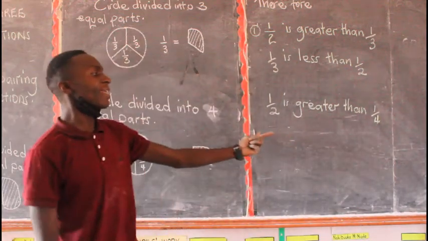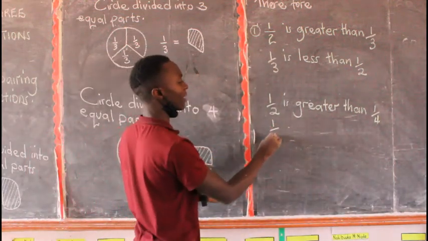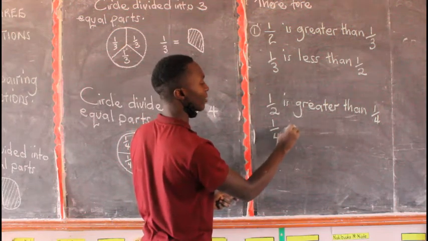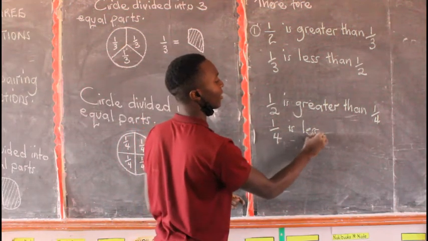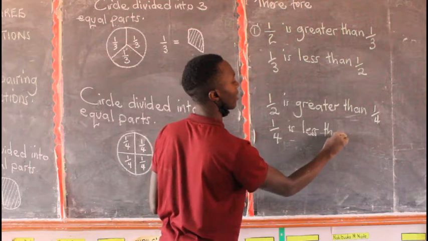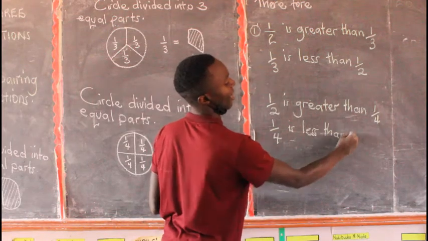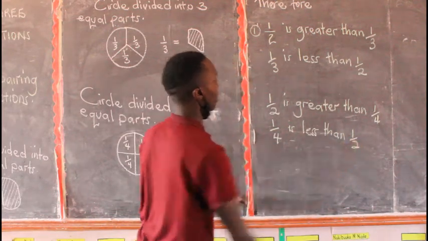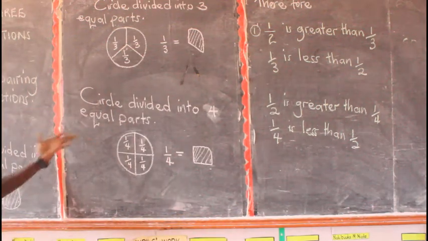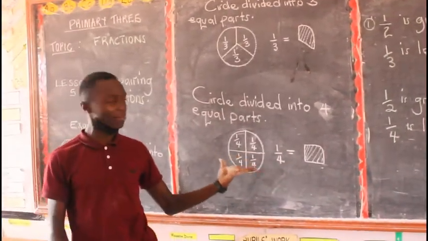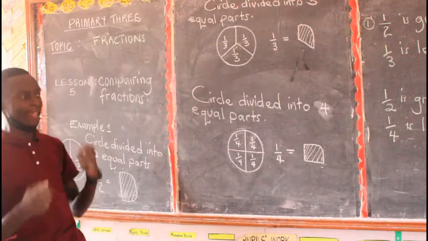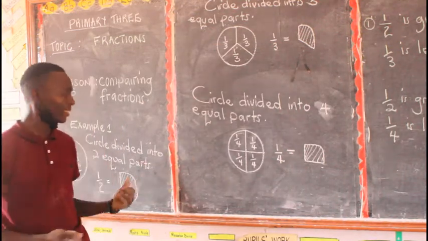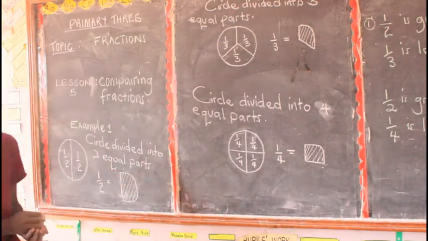So this simply means that our quarter is less than our half. It is smaller than this our half.